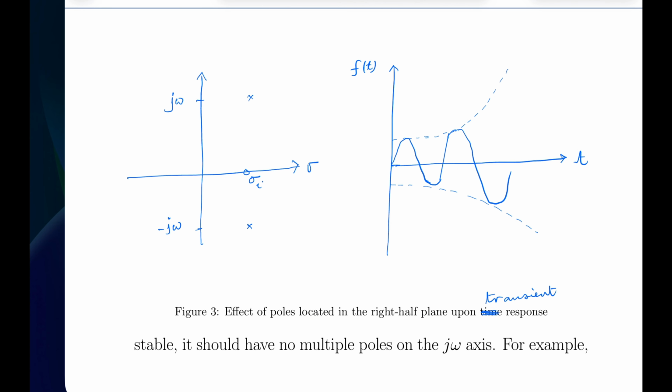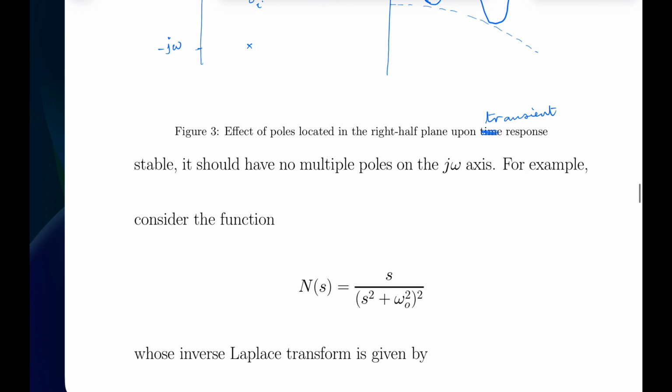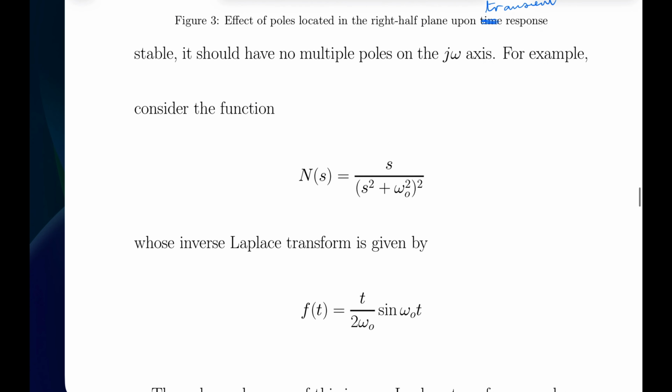Moreover, for a system function to be stable, it should have no multiple poles on the j omega axis. For example, consider this function F(s) equal to s upon s square plus omega0 square whole square. Its inverse Laplace transform is given by f(t) equal to t upon 2 omega0 sine omega0 t.